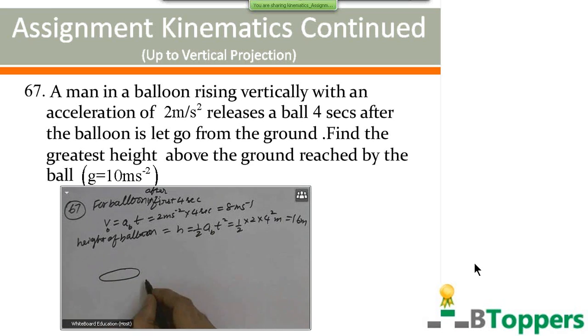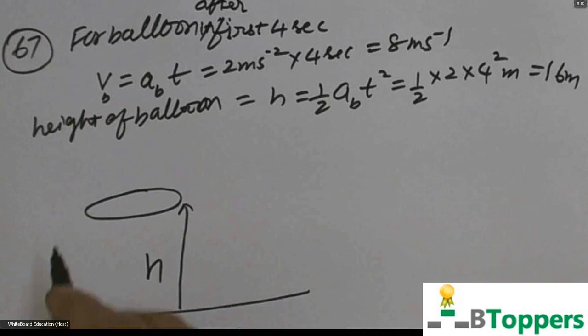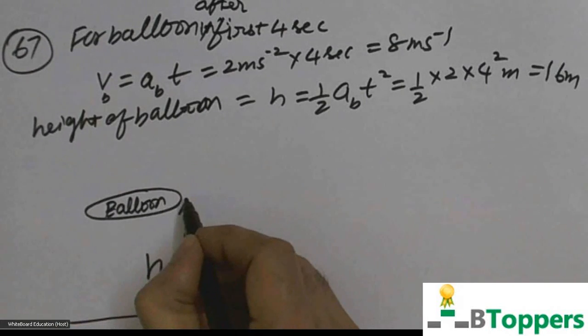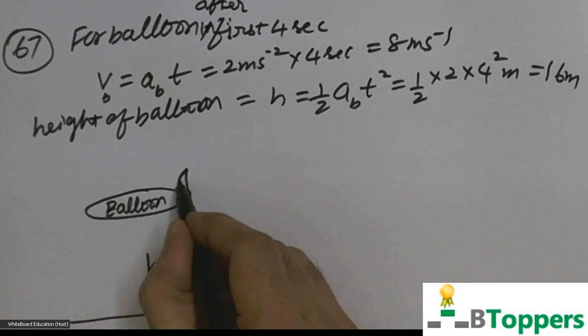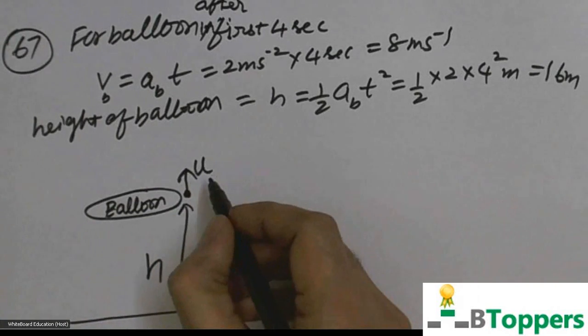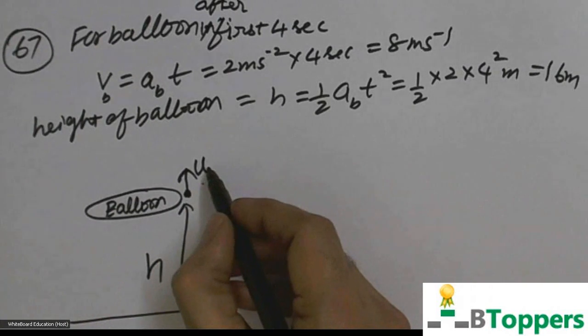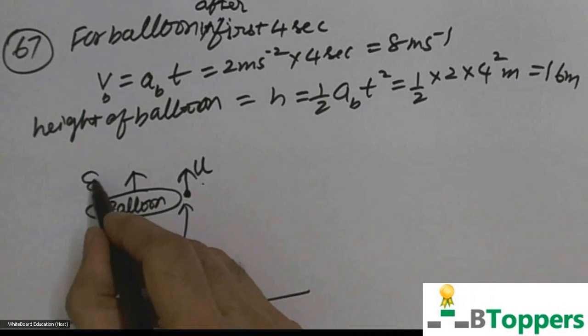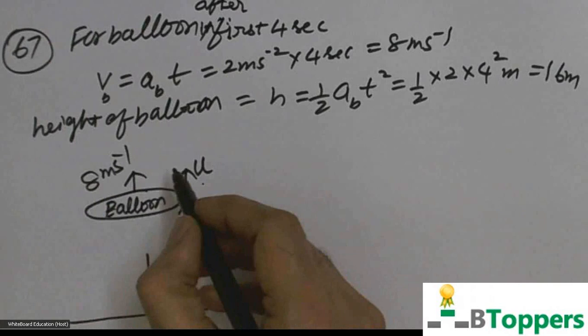The initial velocity of the ball dropped from the balloon, for motion under the influence of gravity, is the same as the velocity of the balloon at that instant, that is equal to 8 meters per second.